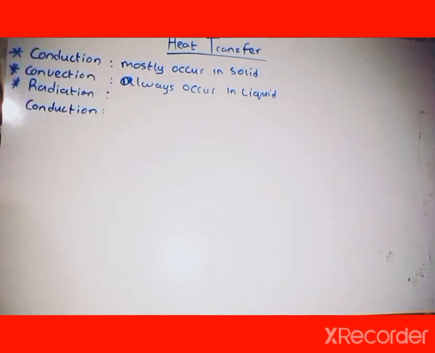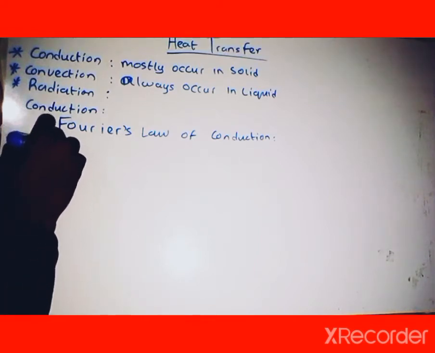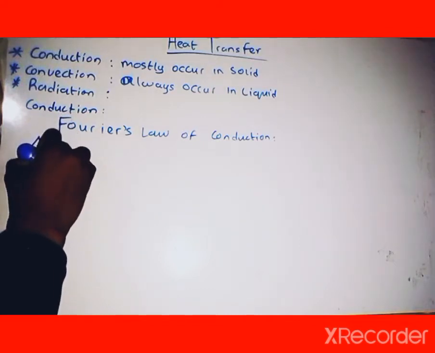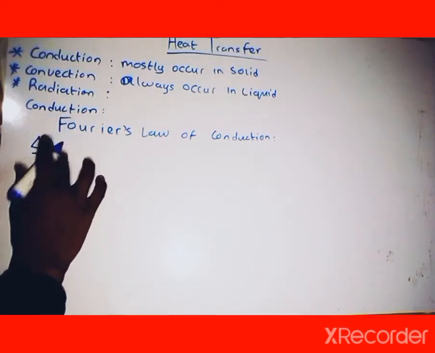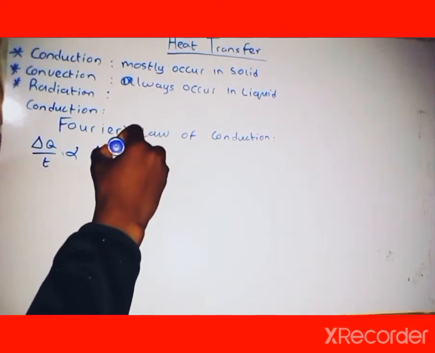For conduction, we have what we call Fourier's law of conduction. It states that the rate of heat, that is change in heat per unit time, is directly proportional to the area and the temperature gradient.